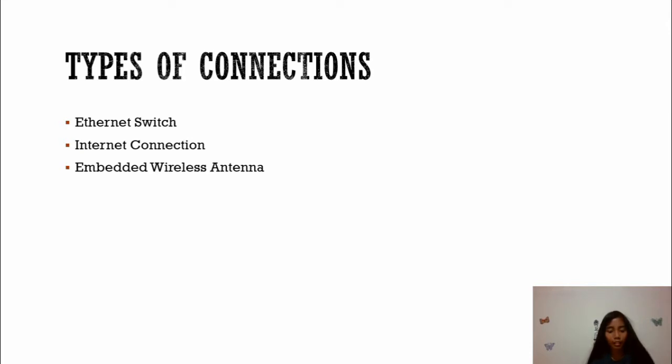So here we have the types of connections. We have the Ethernet switch, internet connection, and embedded wireless antenna. For that, you will see that on a router.